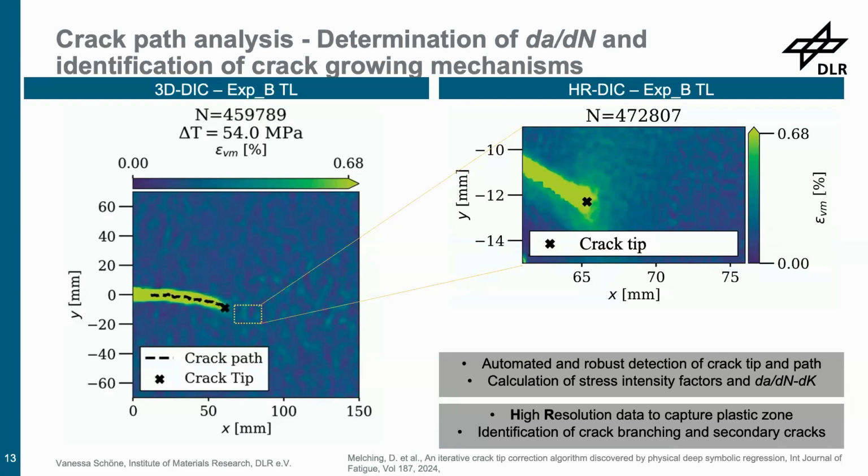This helps us, on the one hand, to detect the crack path, but also to calculate the stress intensity factors and the crack propagation behavior and rate, da/dN and delta K. On the other hand, the high resolution DIC gives us a detailed view of what's happening at the crack tip. This high resolution data can be used, for example, to capture the plastic zone and to identify crack growth mechanisms, for example crack pointing or secondary cracks.